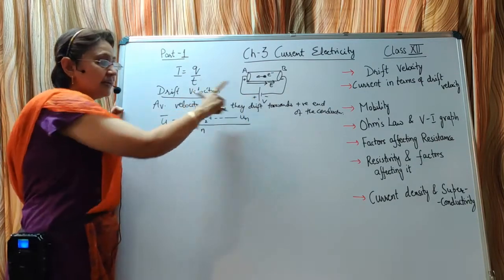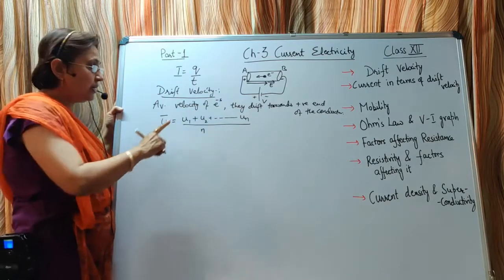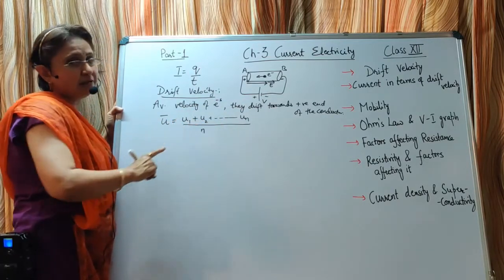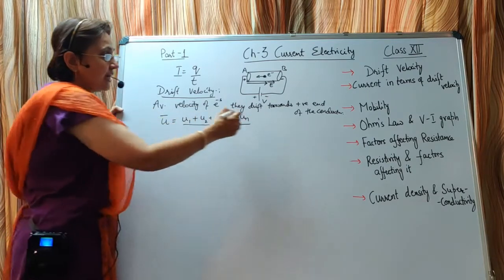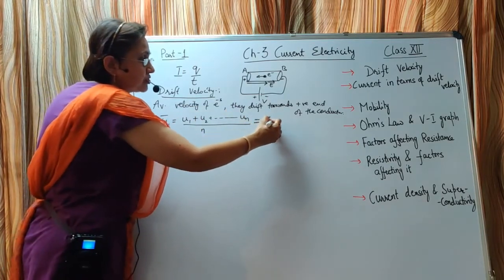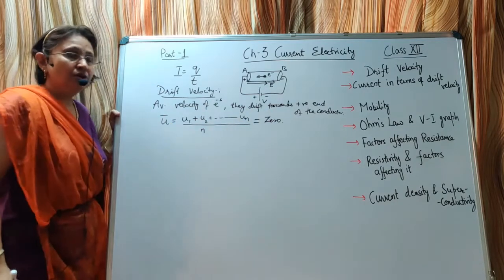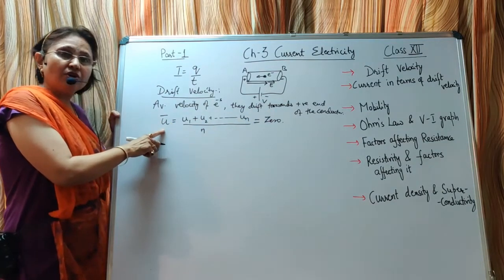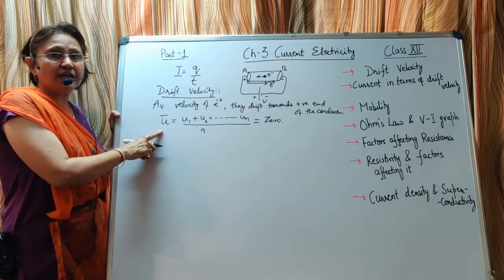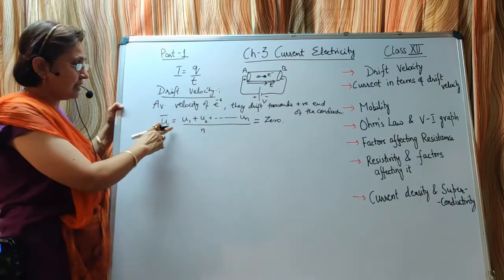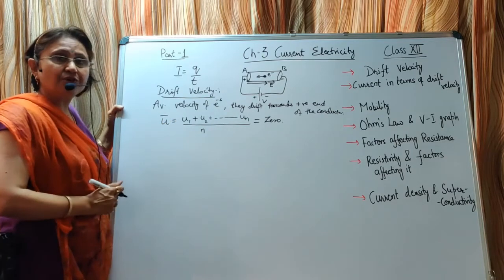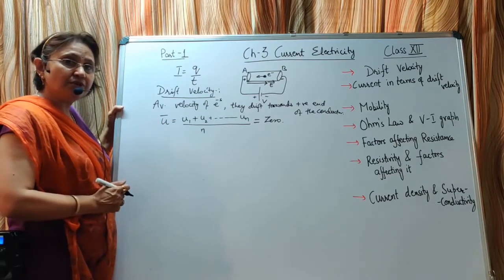Before it is connected to the battery, all these electrons are in random motion, and we know that the average of random motion is 0. So the average of initial velocities of the electrons, when the electric field is not set up in the conductor, is 0.